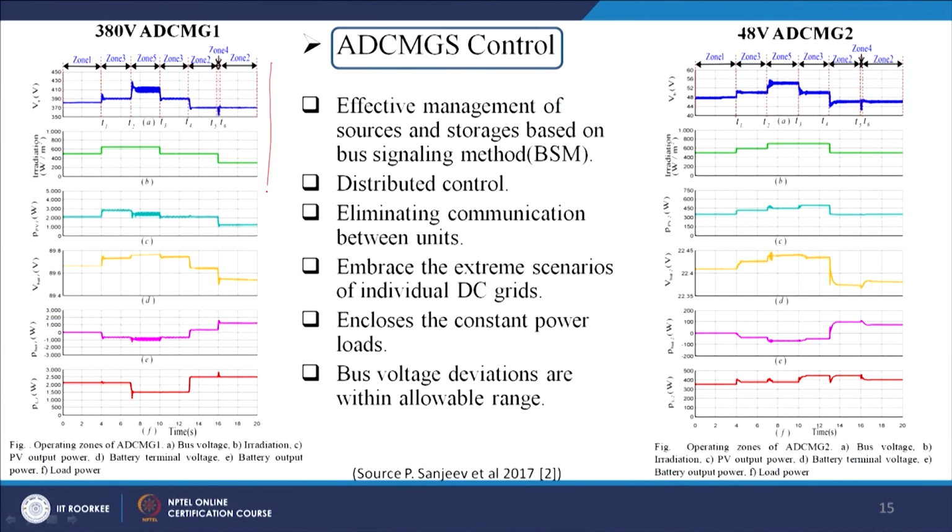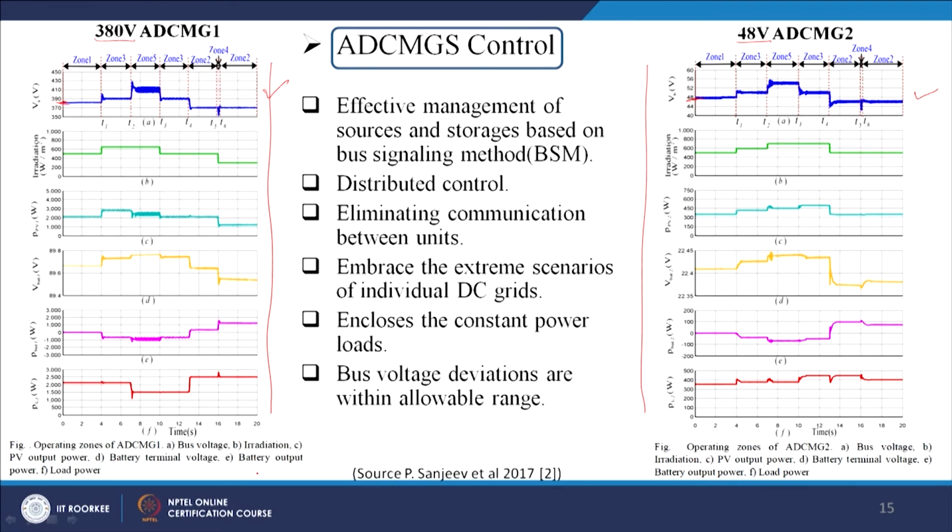Now, this is the operation of my autonomous DC microgrid 1 and this is my autonomous DC microgrid 2, operating at 48 volts and 380 volts. We can clearly see this is my bus voltage, which is very close to 380, and this is very close to 48 volts.